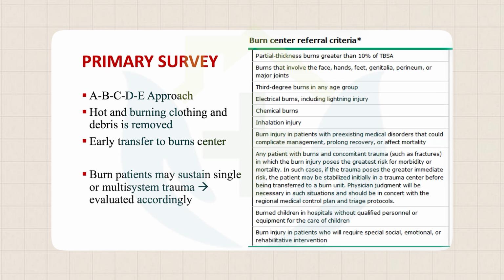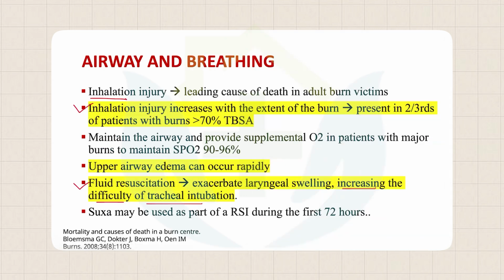The referral criteria are patients having partial thickness burn more than 10%, any pediatric burns more than 5 to 10%, deep burns, third degree burns, electrical burns, chemical burns, radiation burns, burns in a patient who has significant comorbidities like COPD, heart failure, etc., and burns associated with significant trauma. These are mostly common sense, but mostly you have to remember partial thickness more than 10% and burns involving important areas like face, hands, genitalia, etc. They have to be referred.